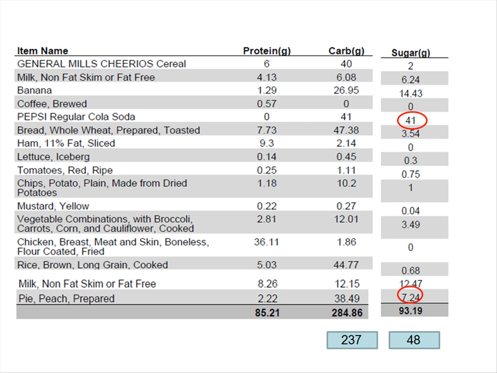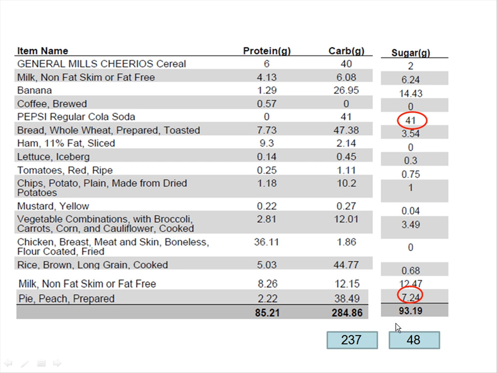So what we need to do then is go down the sugar column here and determine what are the simple sugars in my diet. So I looked at everything and I found there was a Pepsi that I drank, and then a peach pie, which we're going to say has sugar added to it. So on this particular day, I had 41 plus 7, about 48 grams of refined sugars, and I had a total of 284, about 285.